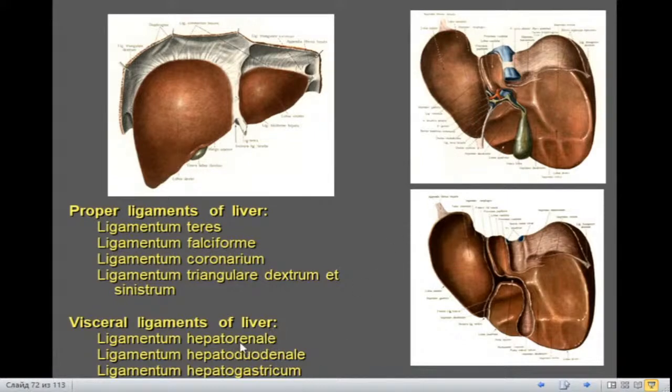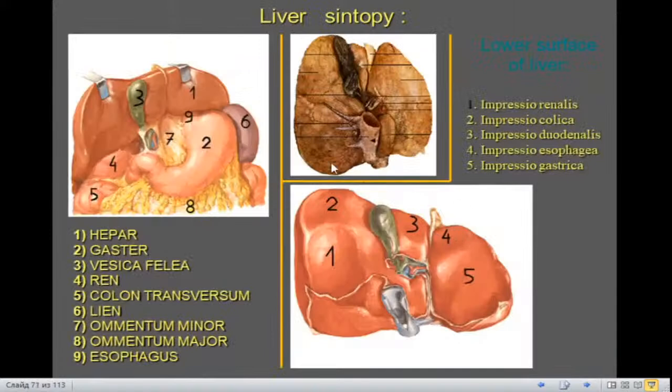They are called ligamentum hepatorenale, meaning the connection by a peritoneal fold of the liver and kidney. Ligamentum hepatoduodenale, how it's fixed to the duodenum, and hepatogastricum, how it's fixed to the stomach. I will show. Here, number 7.